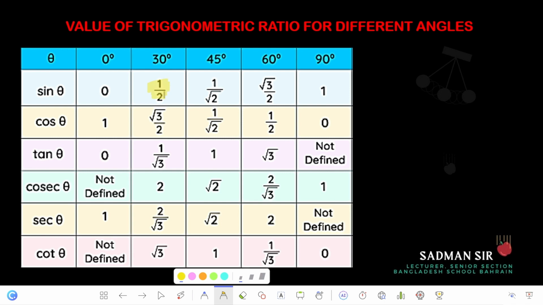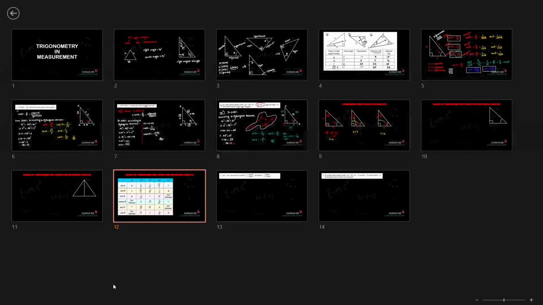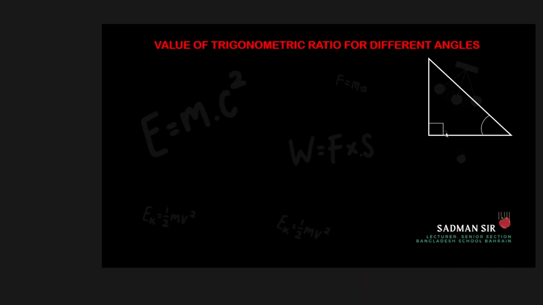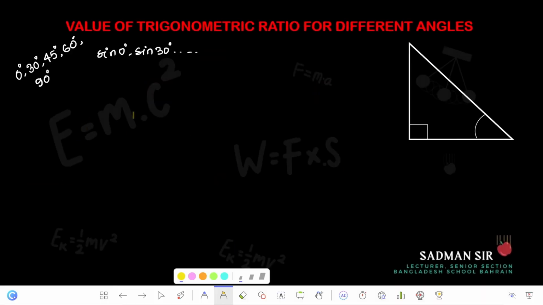So the value of sine 30 is 1 by 2. So instead of sine 30, we will replace it with 1 by 2. Then sine 90 is 1. Or for example, cosec 45. So this is the line of cosec and this is 45. So the value of cosec 45 is root 2. So today we are going to see how these values are coming, how the mathematicians got these values.